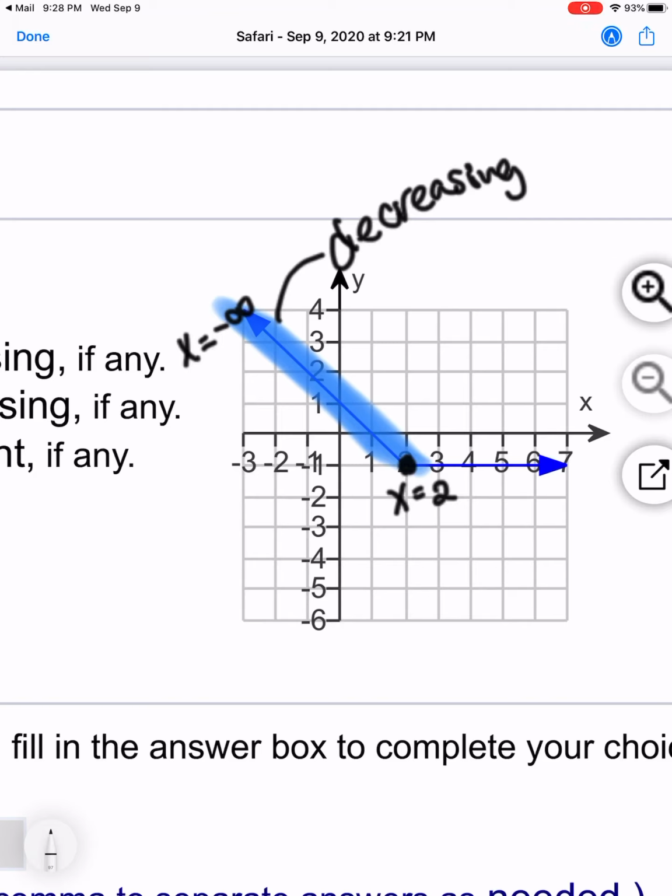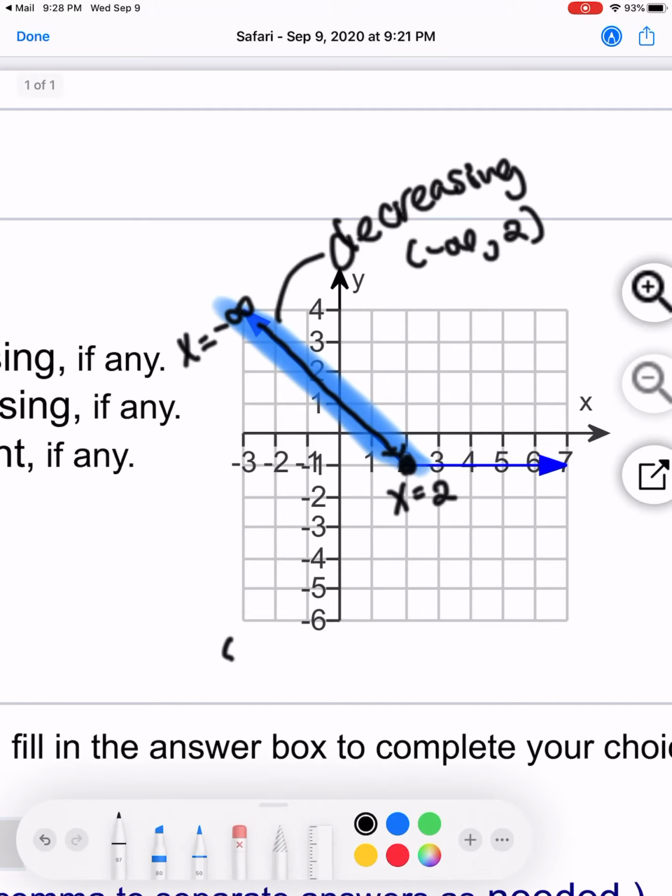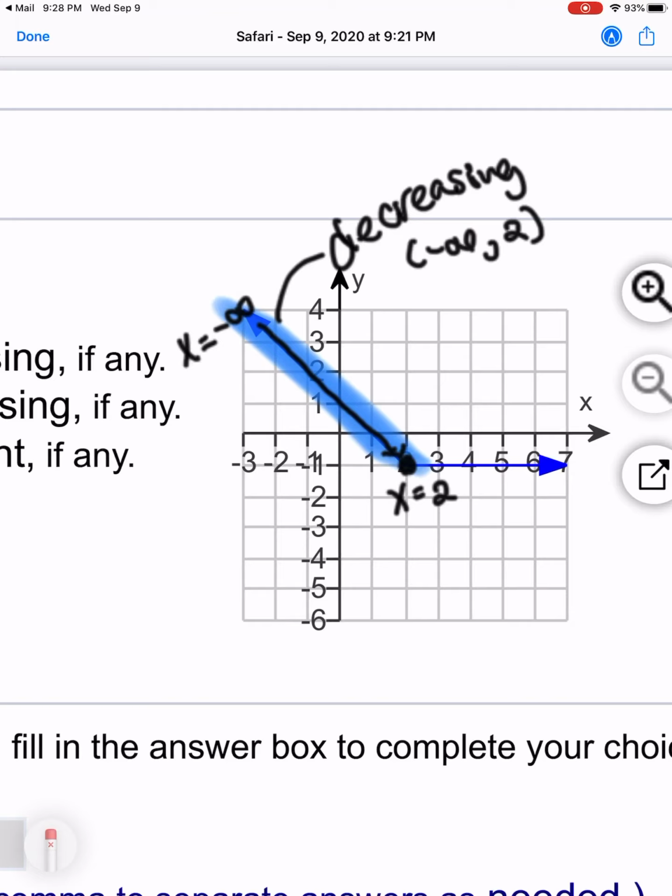So our y values go down while we move left to right when x is between negative infinity and 2. So we are decreasing on the interval negative infinity to 2 because we have a negative slope, and as x moves left to right, the y values go down.